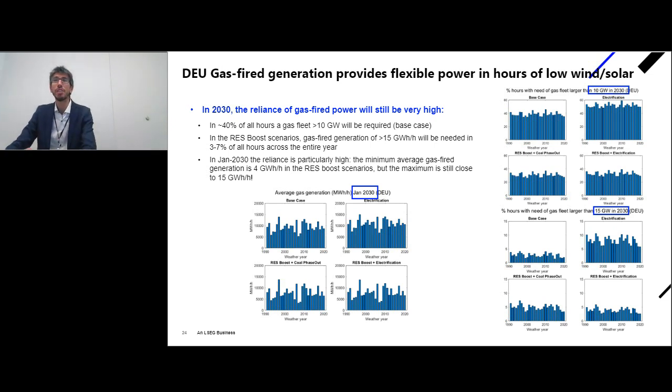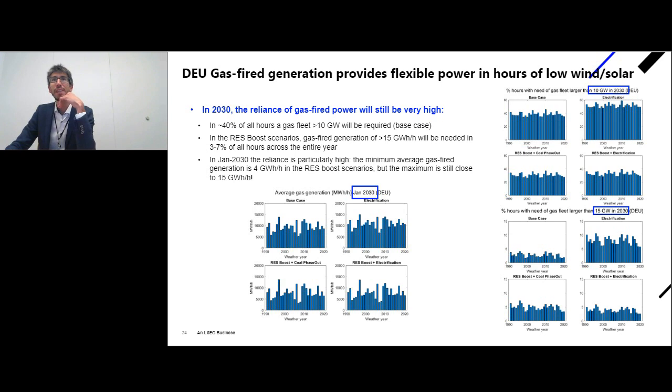So this is definitely not a negligible number of hours, because 5%, as I said, is across the entire year. And if you focus obviously only on January, then you get even higher figures.